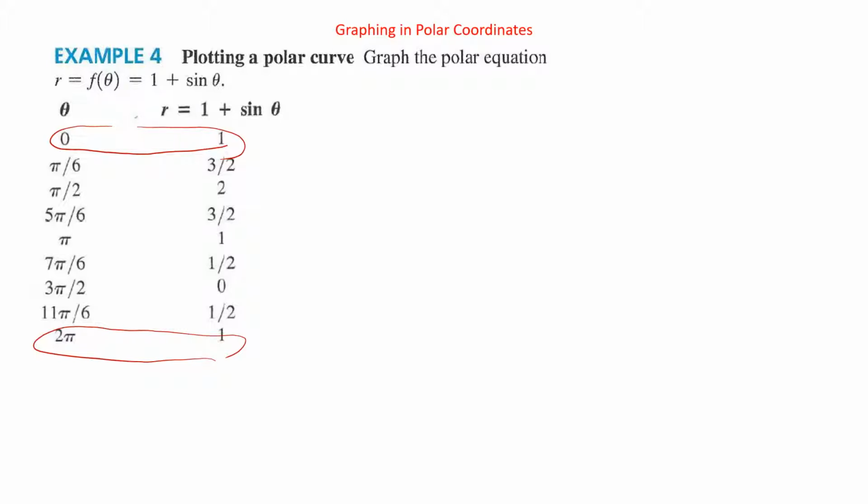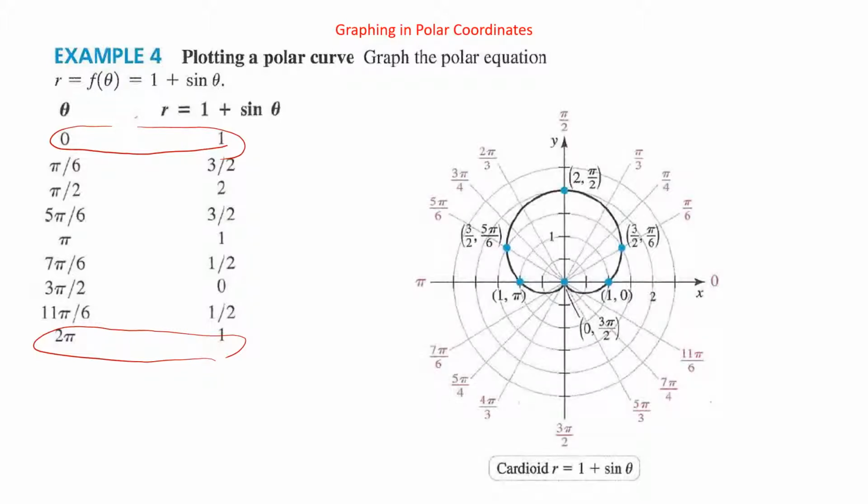We're not going to connect the dots using straight lines, but use a smooth curve to get something like this. You have our points on there, and then it just connects. The more points you do, the more accurate you get. But we have this, which is a cardioid.